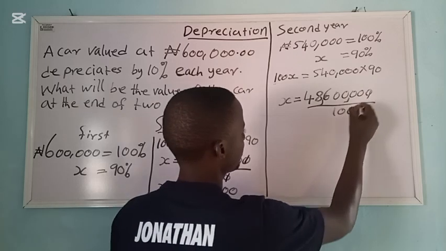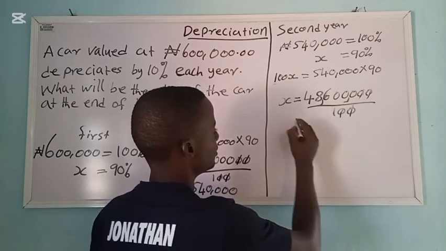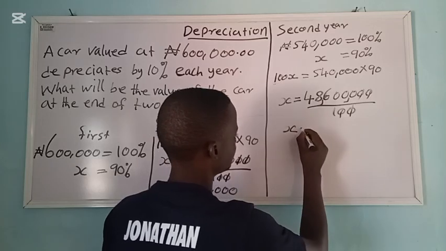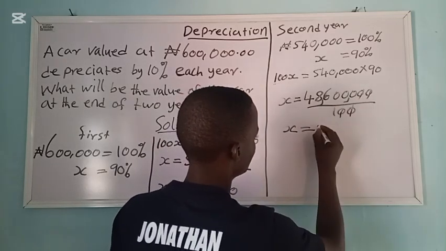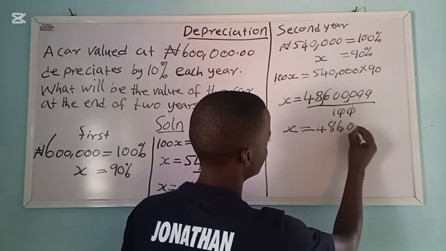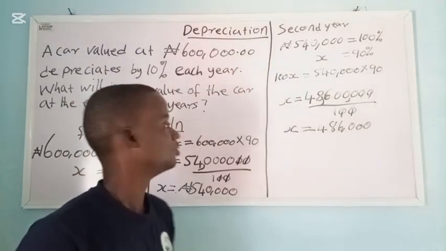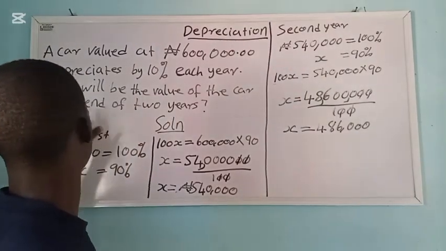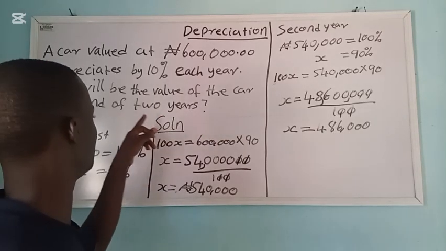Divided by this 100, 0 will cancel 0. So we now have x is equals to 486,000.